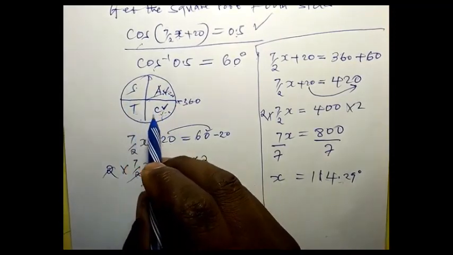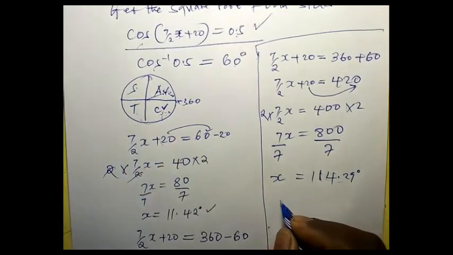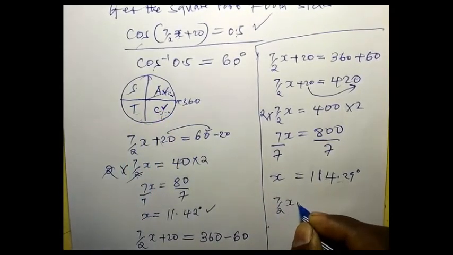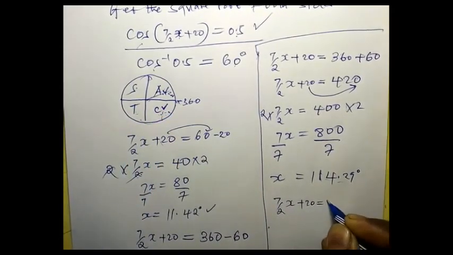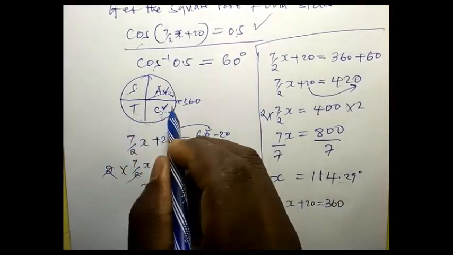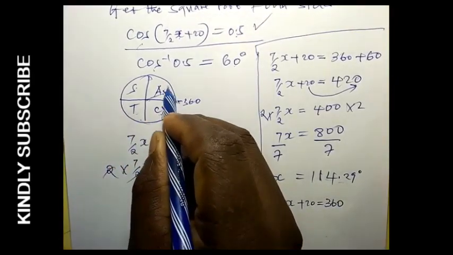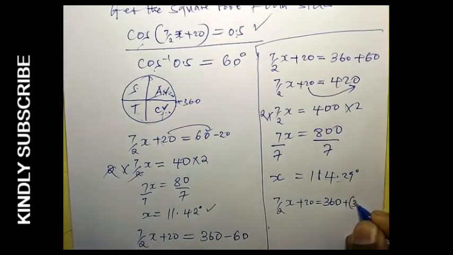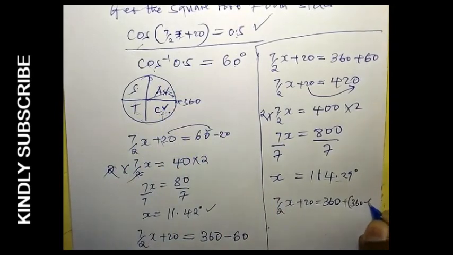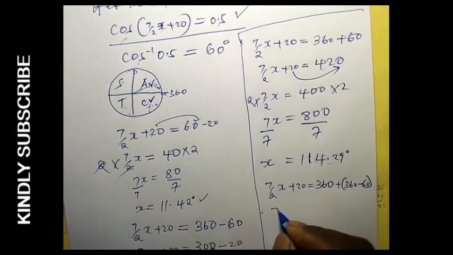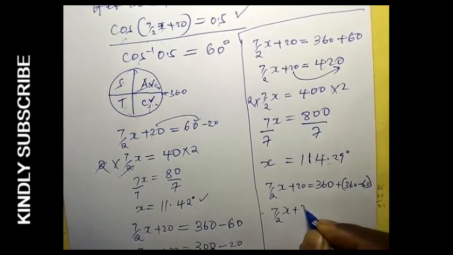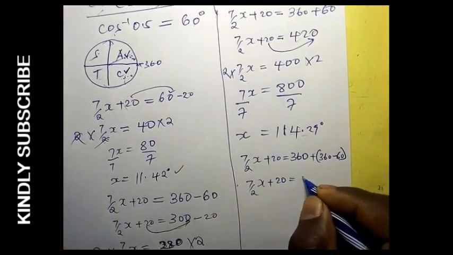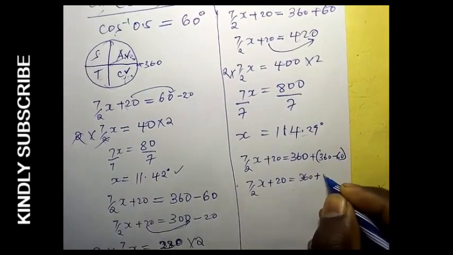Now we go up to here. So we have covered the three. We are coming up to this point again, which is 360 plus 360 minus 60. So 7/2 x plus 20 is equal to 360 plus 300.